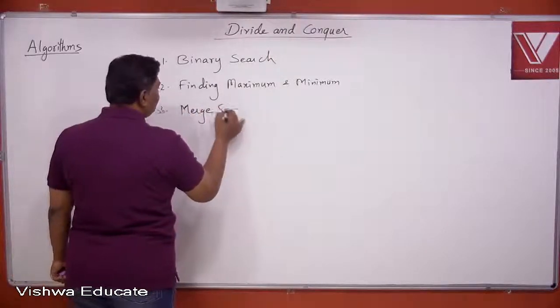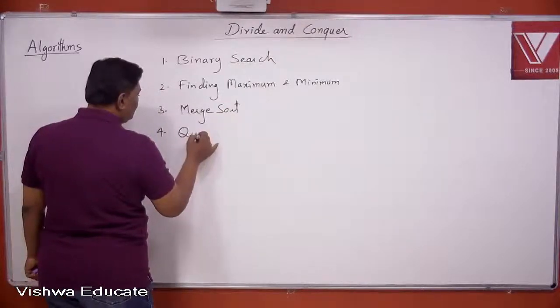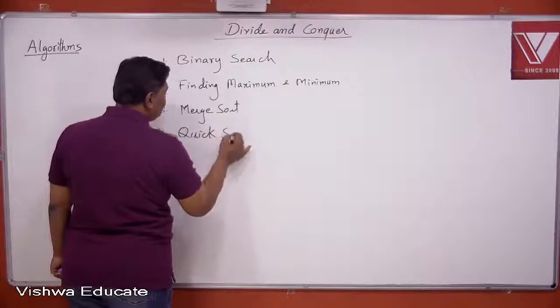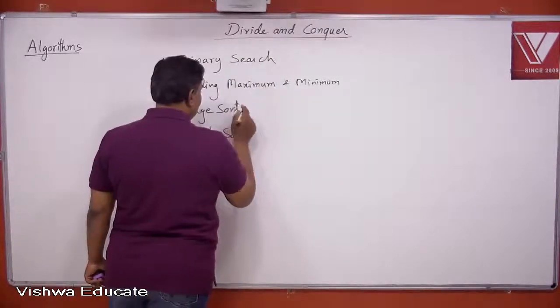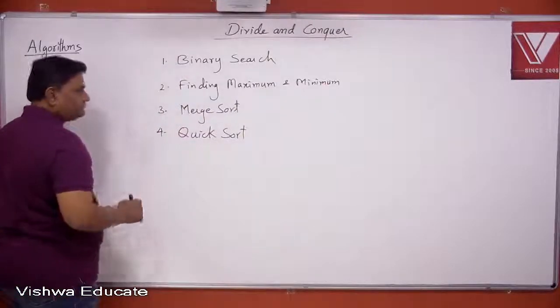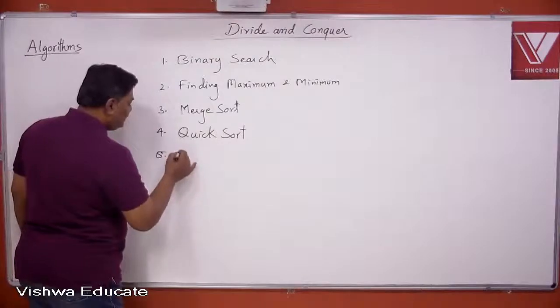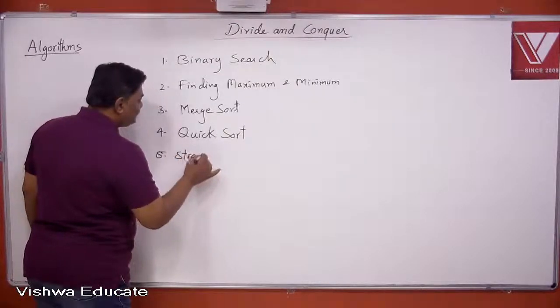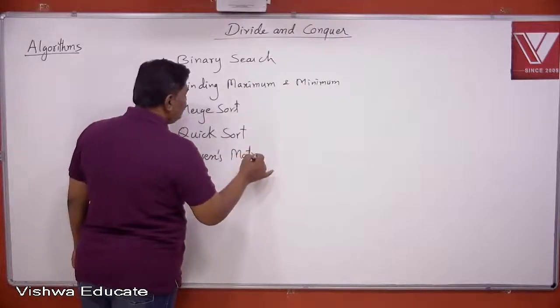Merge sort, quick sort. That's all. There is one more problem called Strassen's matrix multiplication. This is not there in GATE.